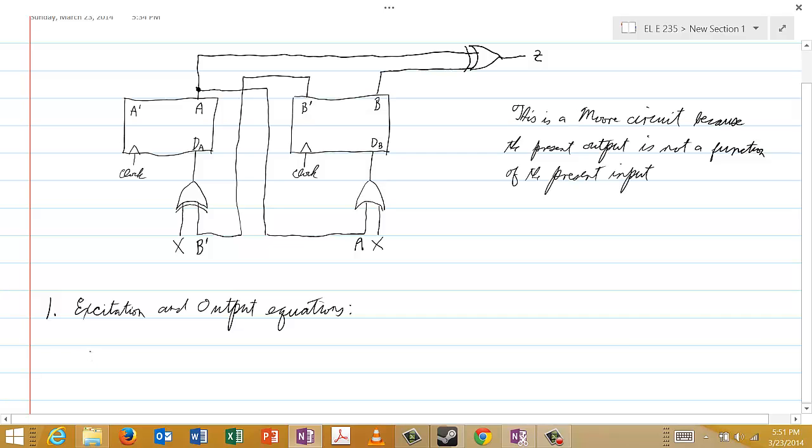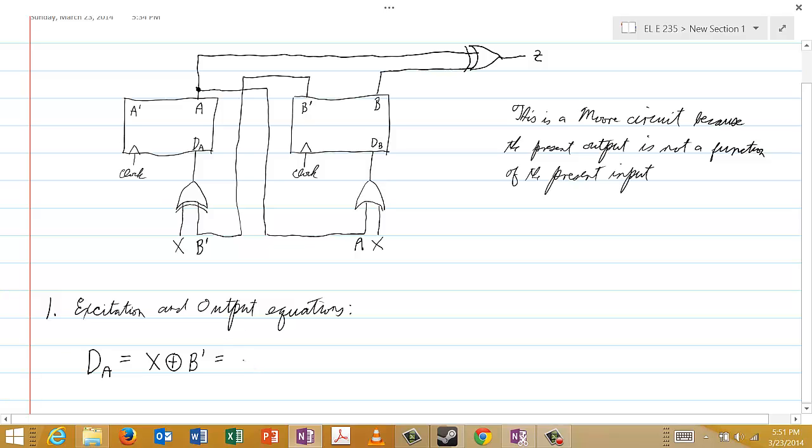And this is very simple. If you look at the diagram, we see that D sub A is X exclusive ORed with B prime. And let's remember what that means.